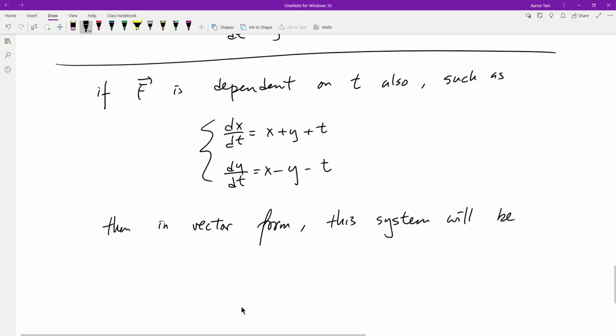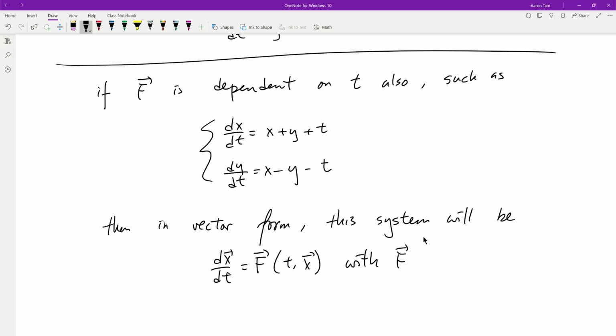The system will be d vector x over dt equal to vector f of t, vector x, with capital vector f of t, vector x equal to (x plus y plus t, x minus y minus t).